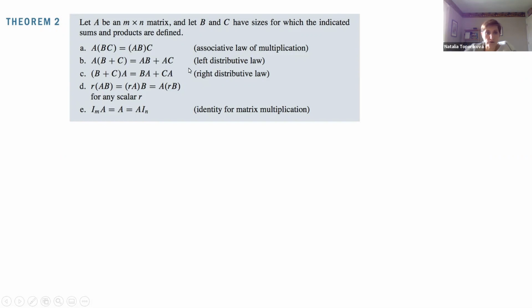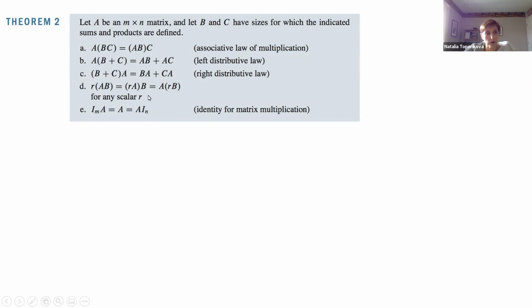We can also reverse the order of the matrix and the sum and write it as the right distributive law. When we have a sum of 2 matrices multiplied by a third matrix A, we distribute matrix A from the right. So we multiply B by A, C by A, and add them together.